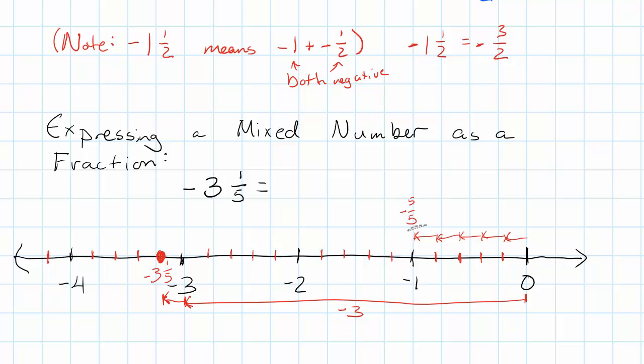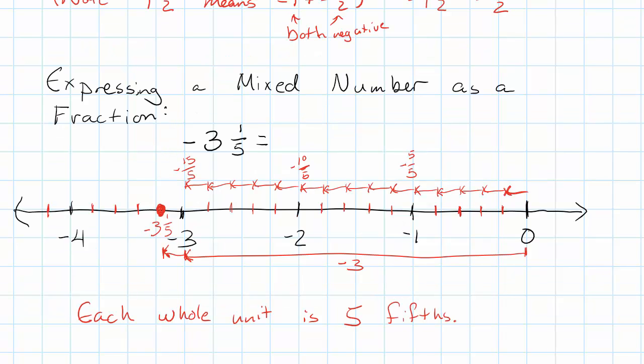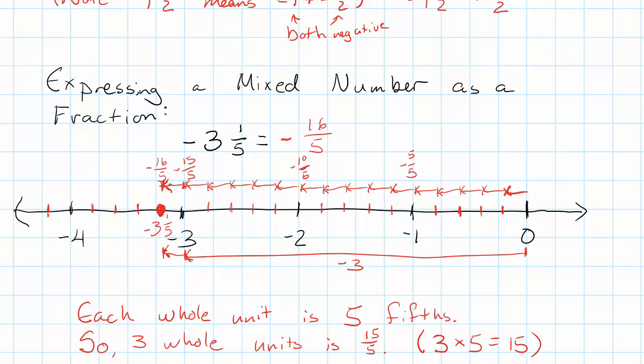I'm going to do that again. 5, and then another 5 is going to make 10, and then another 5 is going to make 15. Okay. Do you see what's happening here? Each whole unit is 5/5. So 3 whole units is 15/5, because 3 times 5 is 15. And then add in one more fifth. -3 and 1/5 is 16/5.